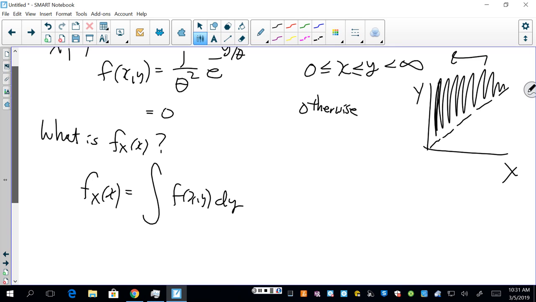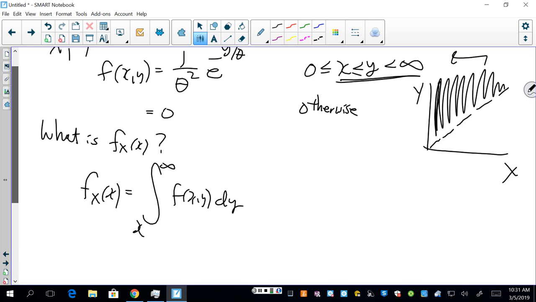Now, we can't just say y goes from 0 to infinity. But given a value of x, y can't go below that. Y is stuck between x and infinity. So we're going to integrate from x to infinity to cover all the places where the density is positive.